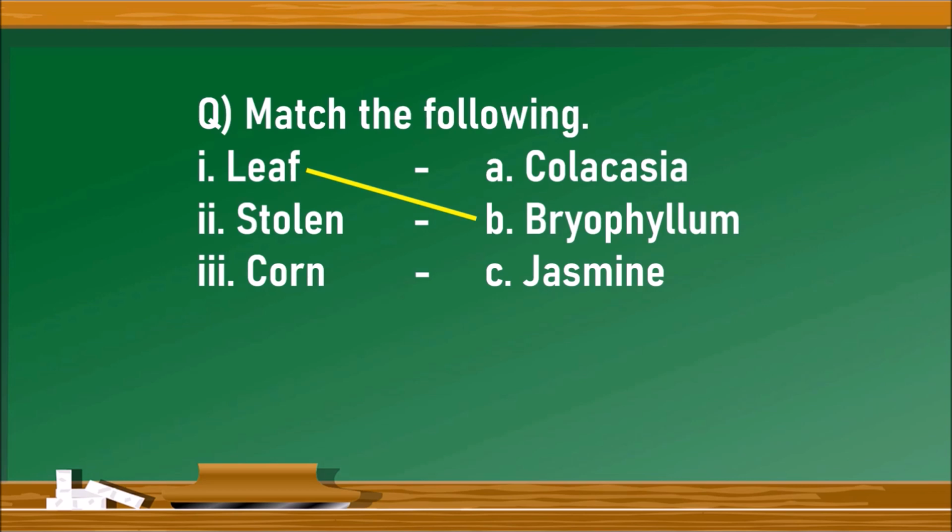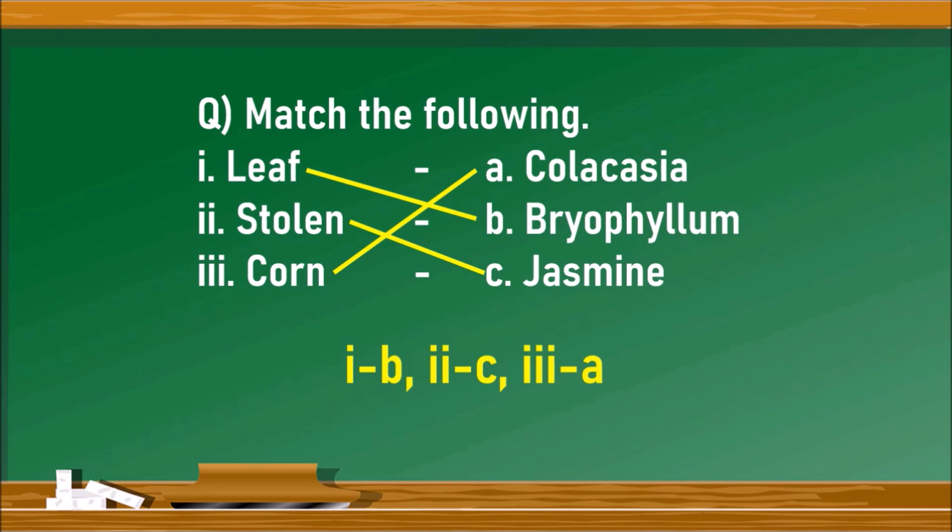The example for vegetative propagation through the leaves is bryophyllum, whereas through the stolon it is jasmine. Stolon is a form of stem. Through the corm, it is colocasia. The example for corm is colocasia. Hence the matching is 1:B, 2:C and 3:A.